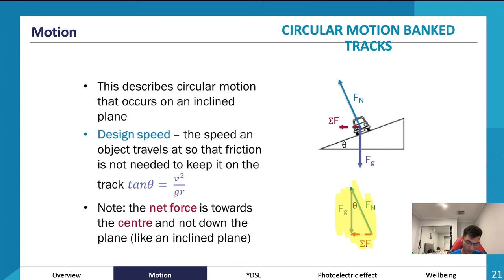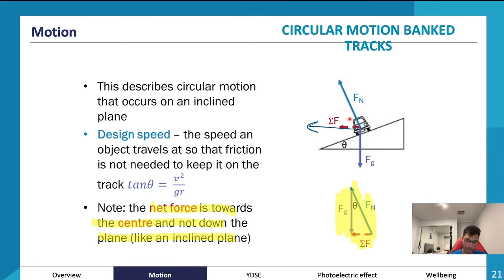The key thing with questions like this, where you have some banked track, is that the net force is towards the center. In this case, we have a car traveling around a banked velodrome or something like that, and the net force is always towards the right.